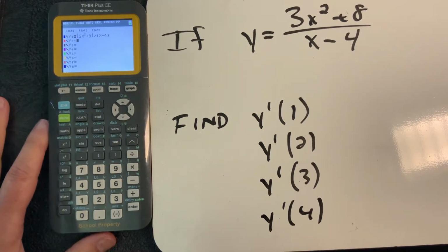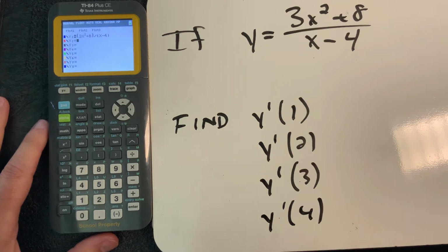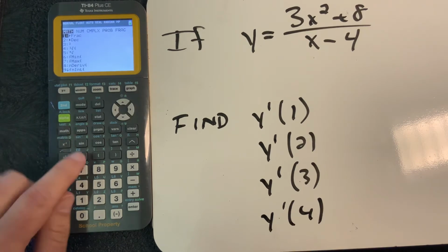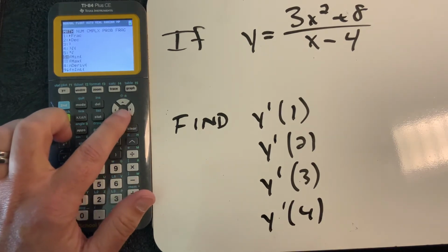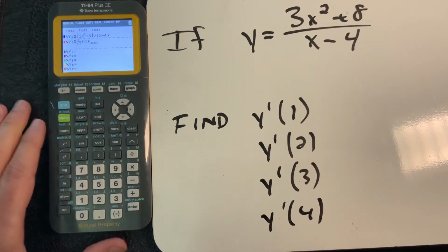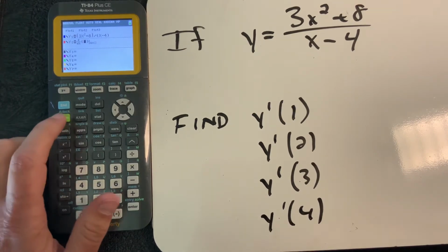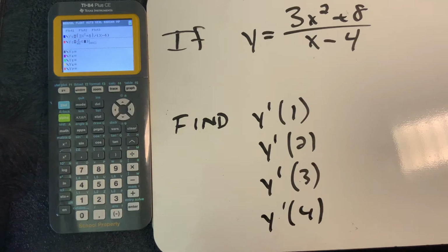Now what I can do is go to y2 and define it as the derivative of what's in y1. To do that, I go math, nDeriv, option 8, taking the derivative with respect to x. Now I could type in this spot here this function again, 3x squared plus 8 divided by x minus 4.